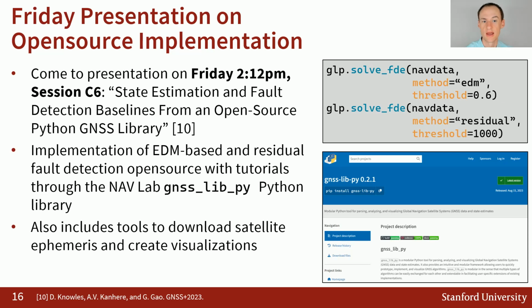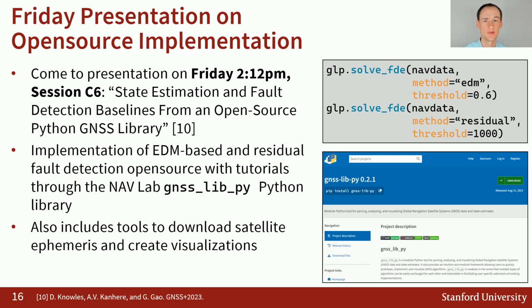And then I'd also like to mention that both of these implementations of greedy residual as well as greedy EDM FDE are open source in the GNSS Python library, which my lab, the NAV Lab, has written.